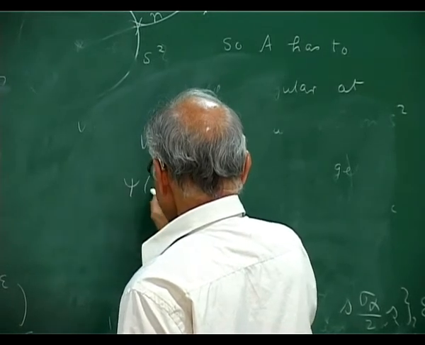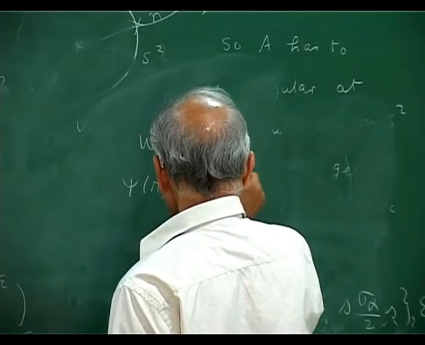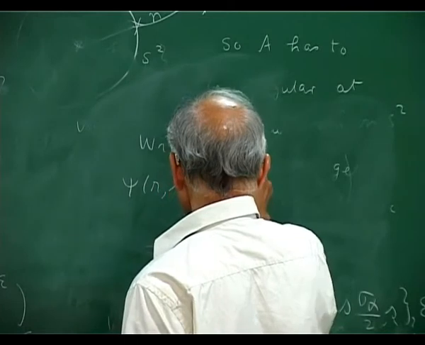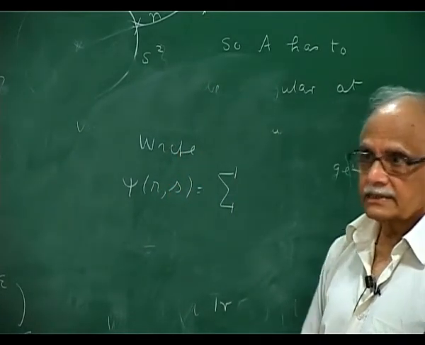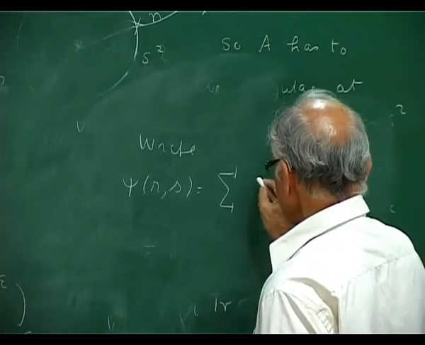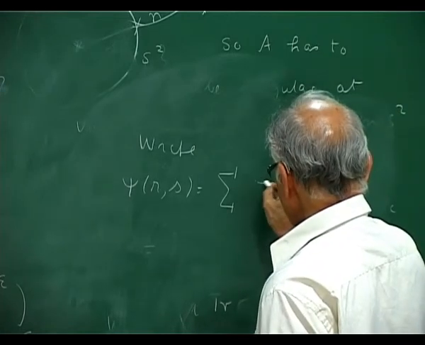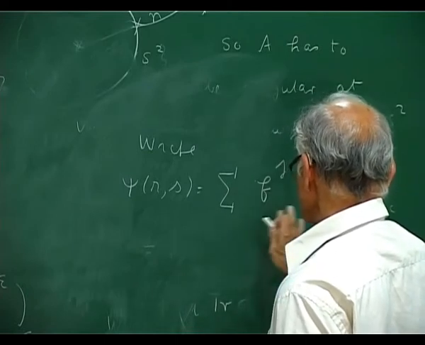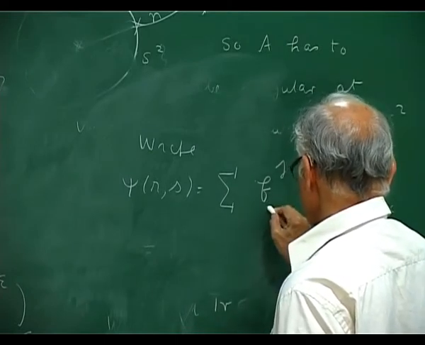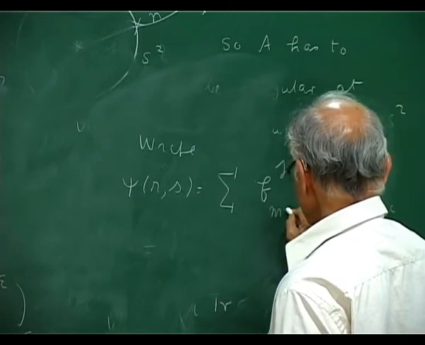Psi of r s can always be expanded by standard group theory, and can be written as some functions of j, with indices m and n.